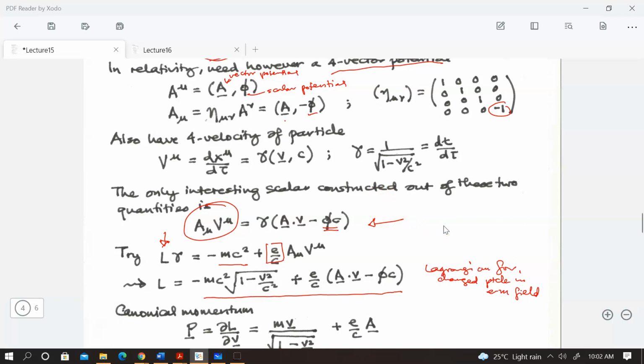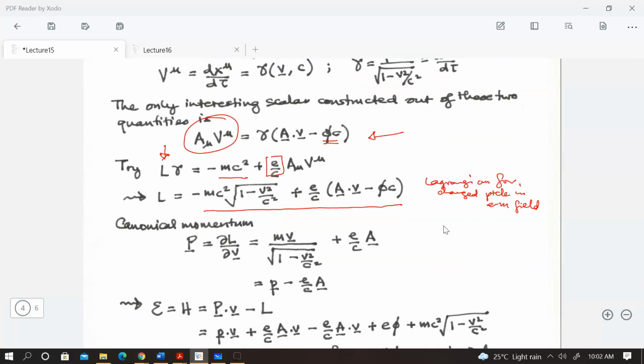Now let's see what are the new things that are involved in this particular Lagrangian, if we take this to be a Lagrangian for the case of the particle in an electromagnetic field. The new thing that we're going to get is your canonical momenta, which is defined as partial L partial V. Earlier, there's only that term coming in, but now you have also this V coming here.